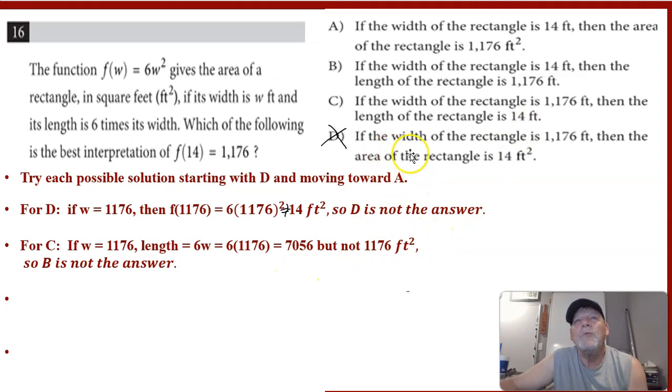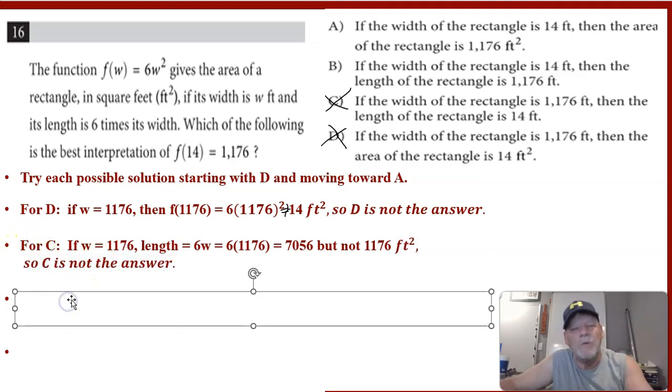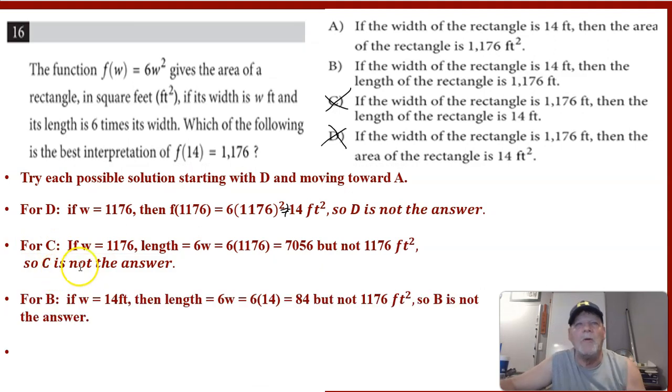Well, if the width is 1176, and we know that the length is 6 times that, that would be 7,056. That is wrong as well. So I just ruled that one out. So that means that C is not the answer. Lots of typos in here that I'm fixing as we go. We're all human. We all make mistakes. Just fix them whenever you find them.